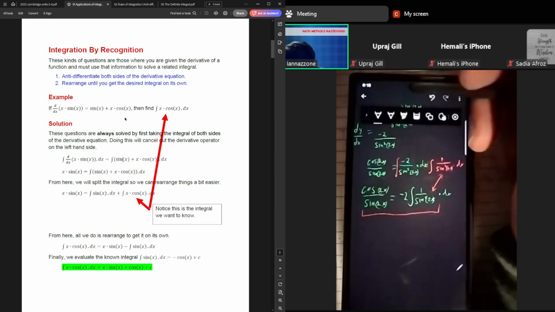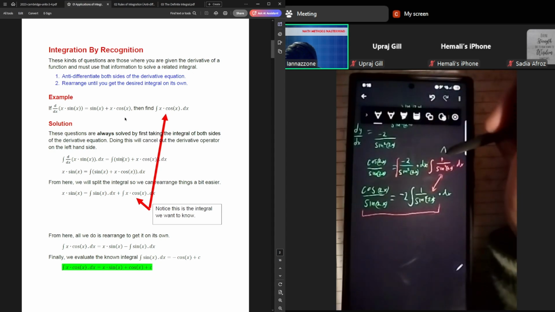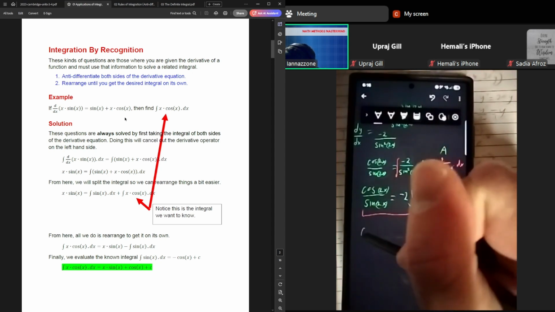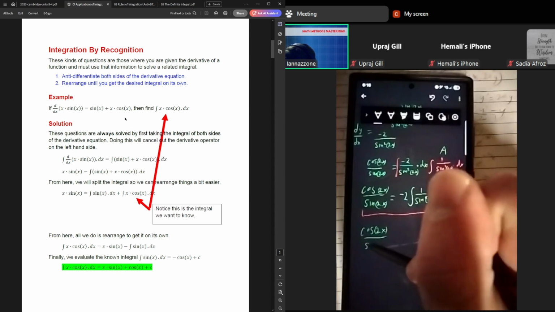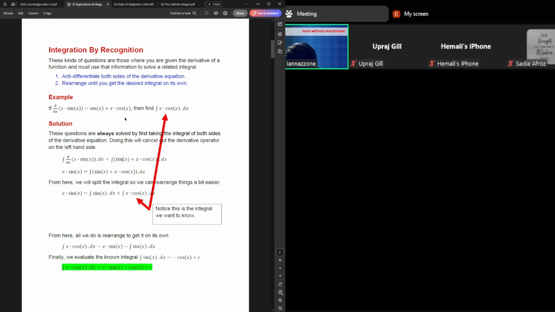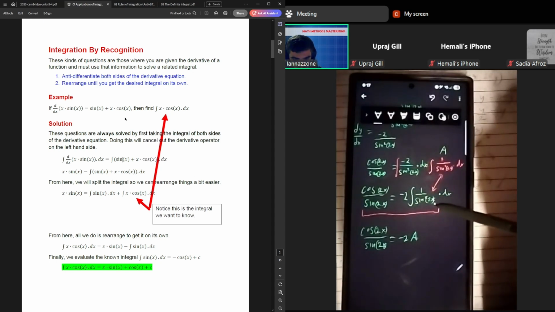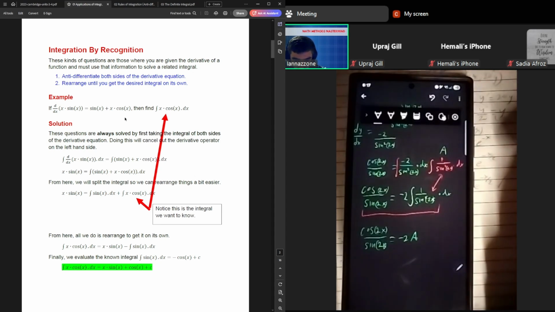In fact, to make things even easier, I'll say that this integral is going to be called capital A. So I'm going to say cos 2x on sine 2x is equal to negative 2 times A. So instead of saying get this integral on its own, if I just said get capital A on its own, what do you do now?